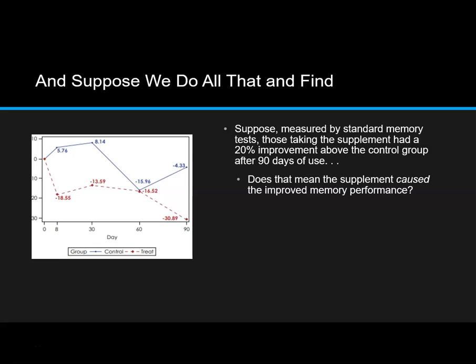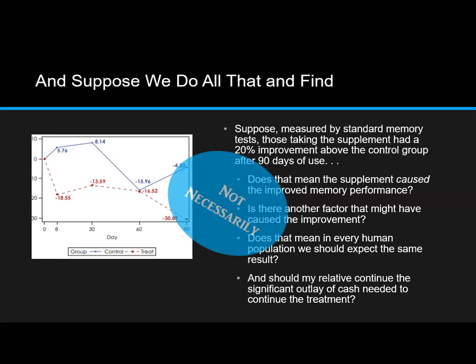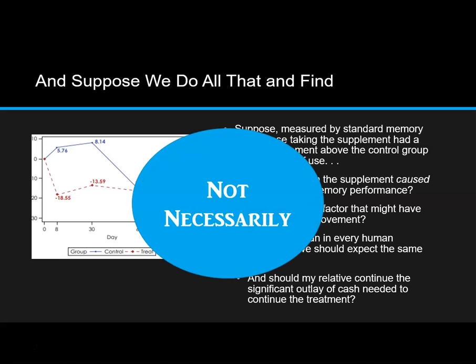If you understand logic, you know that this is the post hoc propter hoc argument. Is there another factor that might have caused the improvement? And does that mean in every human population we should expect the same result? And should my relative continue the significant outlay of cash needed to continue this treatment? The answer is not necessarily.